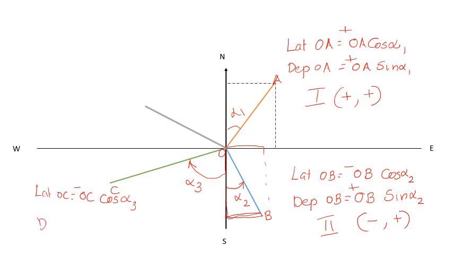Departure of line OC is equal to OC sine alpha 3. This component is towards west, so that is negative. This line OC is lying in the third quadrant. So for the third quadrant, both latitude and departure are negative.